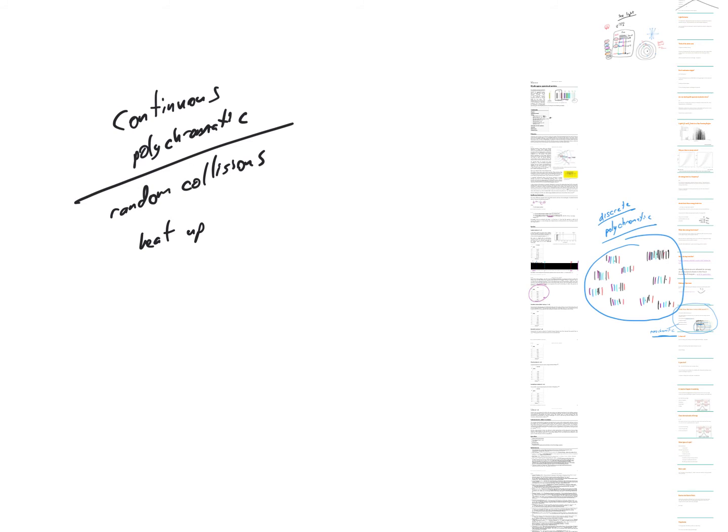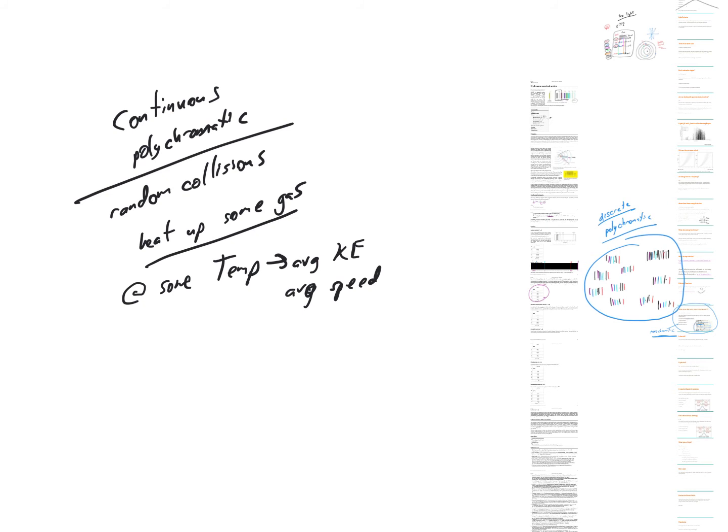Let's say some gas. And because of the nature of it being heated up, it has some temperature. And at that temperature, each atom will have some sort of average kinetic energy and some average speed.